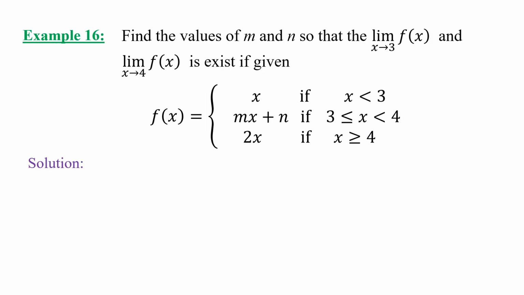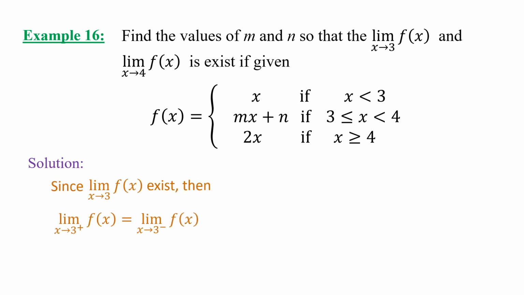Example 16. Find the values of m and n so that the limit as x approaches 3 and the limit as x approaches 4 exist, with the function f defined as following. Since we know that the limit as x approaches 3 exists, therefore the limit from the left is equal to the limit from the right.